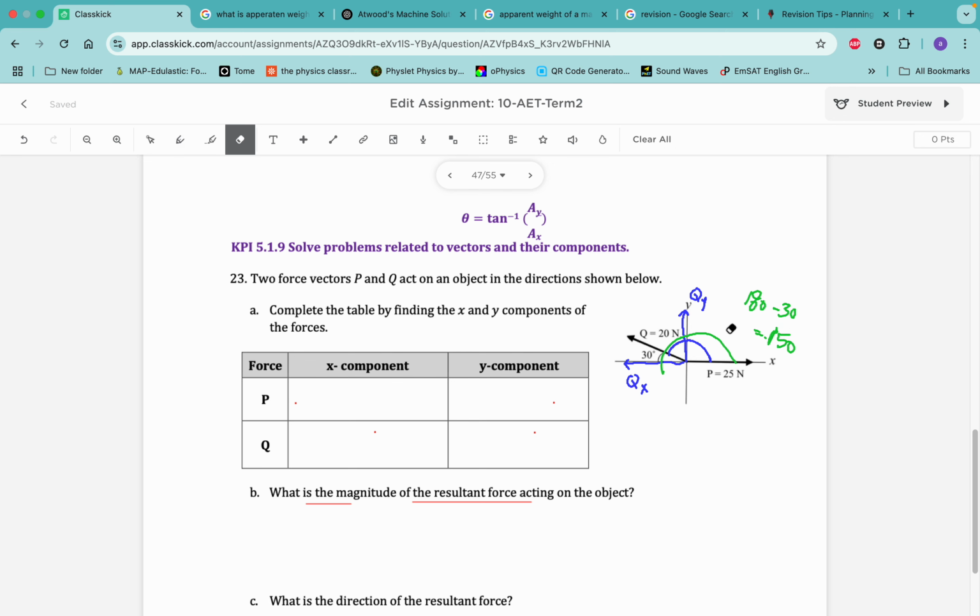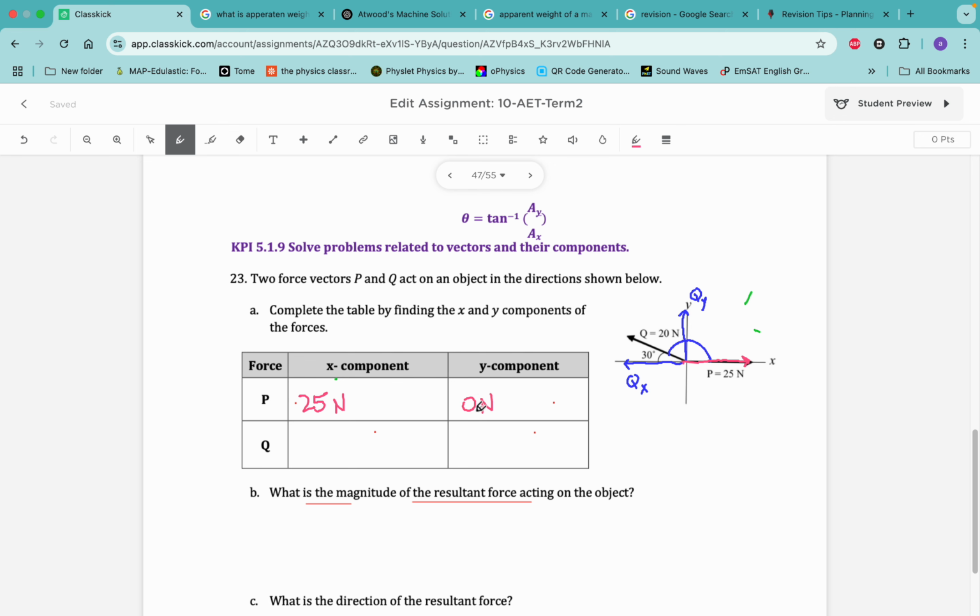Okay, now let's start with finding the x and y components for P. Obviously, P is on the x axis, so without any calculation, Px is 25 Newton and it has no y component, so it's 0.